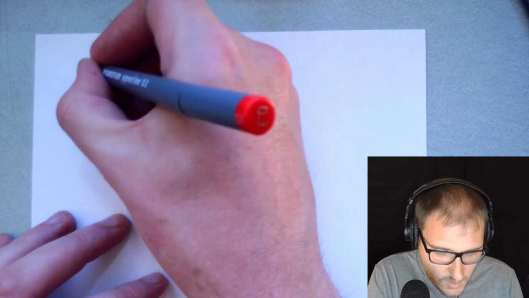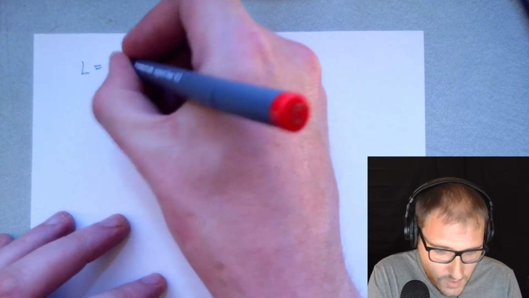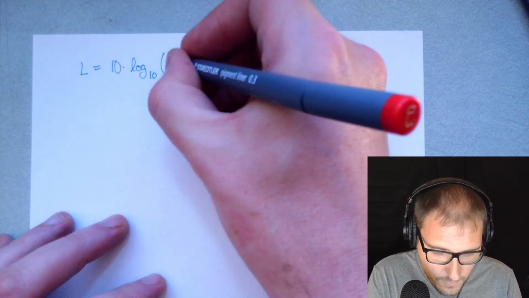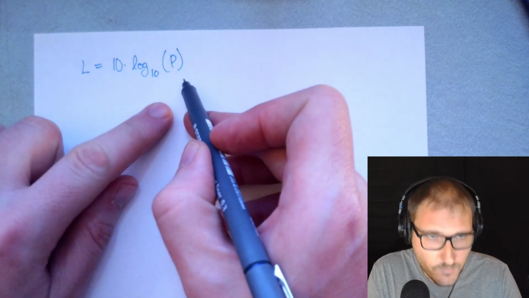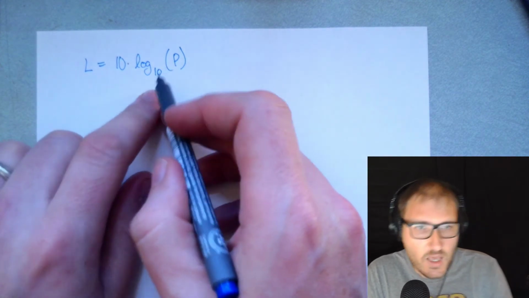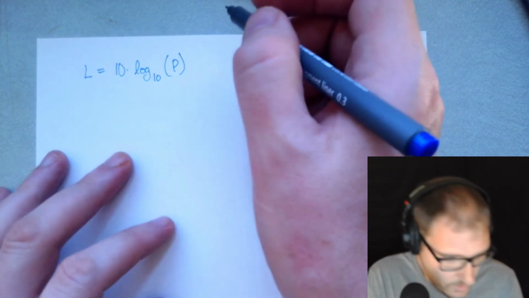One thing we have to do in acoustics quite a lot, and we'll explain what the symbols are later: if you have L equal to 10 times log base 10 of, say, P, and you want to solve for P. You have L, you want to solve for P. So we just need to do this whole process backwards. Log base 10 comes up a whole lot in acoustics. It's the basis of decibels. We'll get to that later.